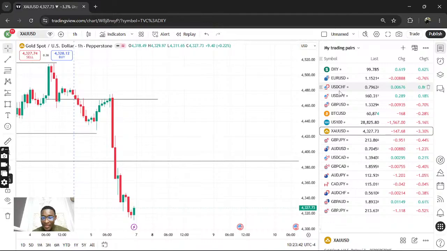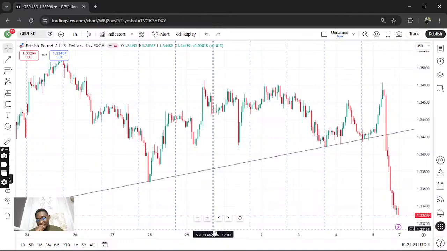So now, before we talk about GBPUSD, there is one thing you need to understand. GBPUSD always goes in the opposite direction to the dollar index. But in most cases, it does not go exactly as EURUSD.